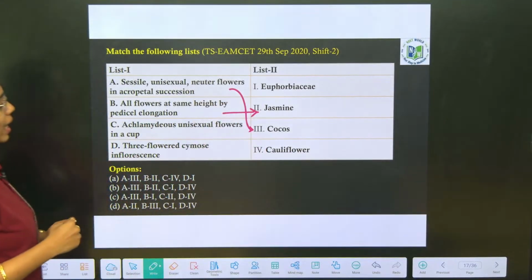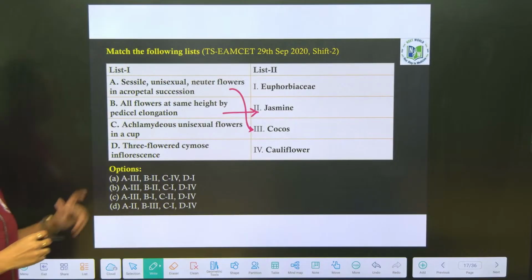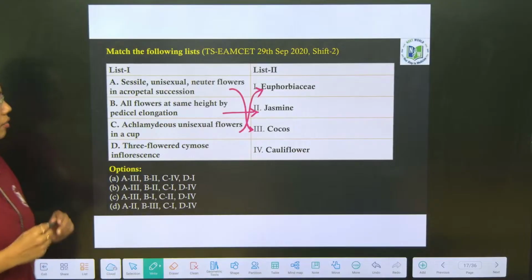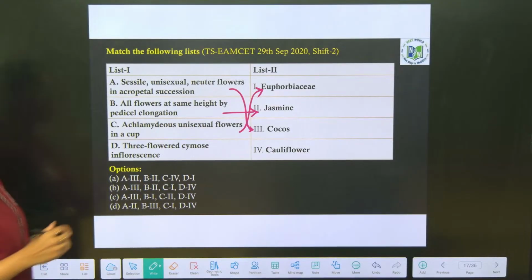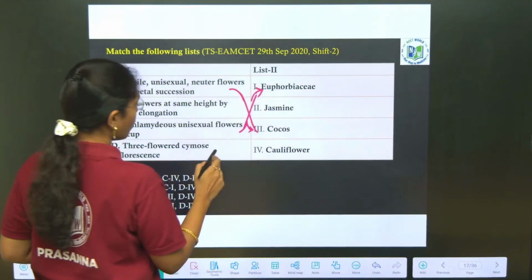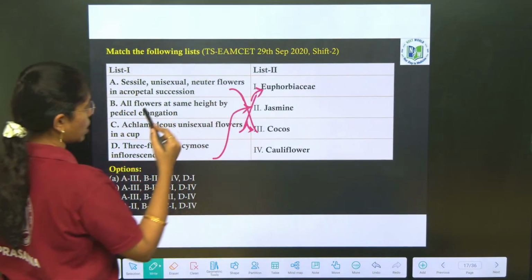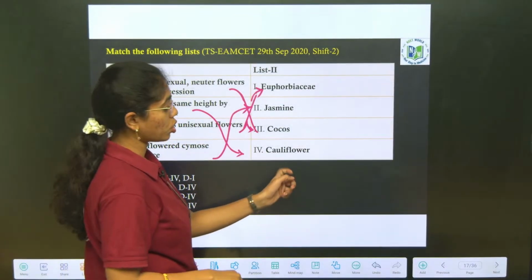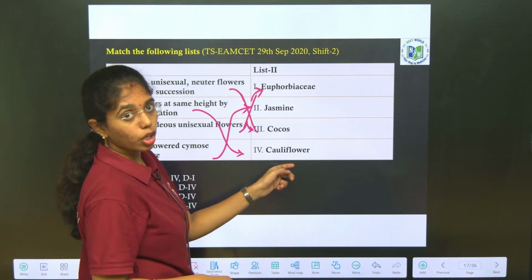Okay. Achlamydeous unisexual flowers in a cup observed in Euphorbiaceae members. Three flowered cymose inflorescence is seen in jasmine. Three flowered cymose inflorescence is observed in jasmine. All flowers are of the same height. This is corymb type of inflorescence, compound corymb observed in cauliflower.